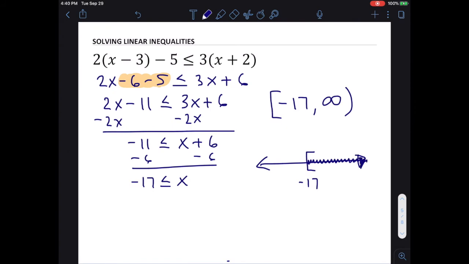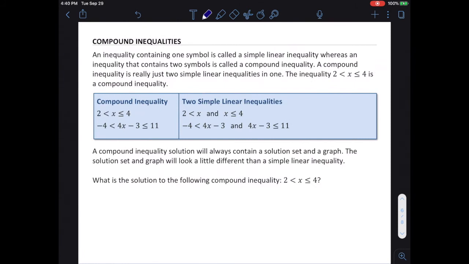Okay, let's keep rolling. What do we got next? Oh, compound inequalities. Okay, so compound just means more than one, or two in this case. So a regular inequality that contains just one symbol is called a simple linear inequality or a linear inequality. But if we have two symbols, like you see here, we call it a compound inequality.